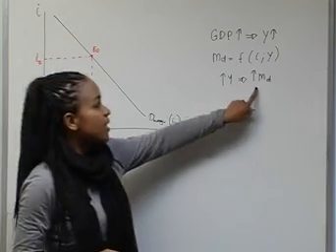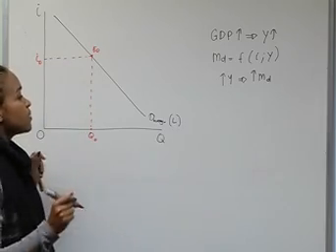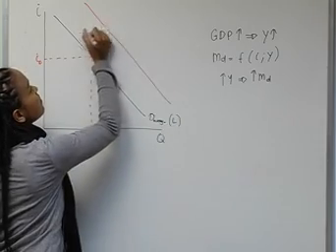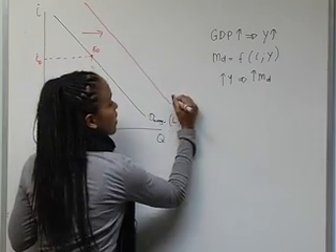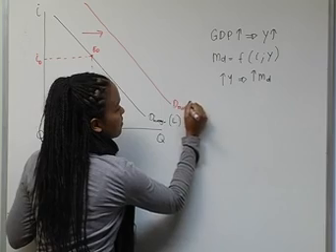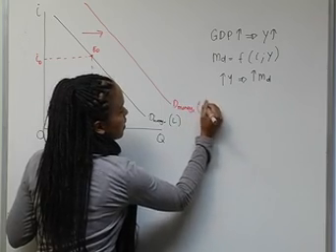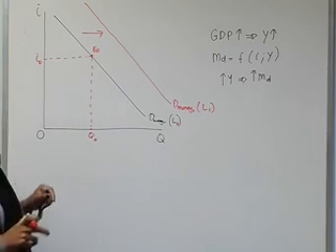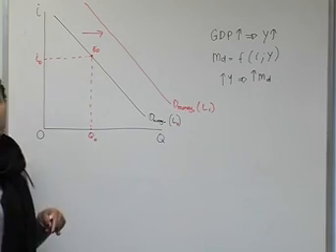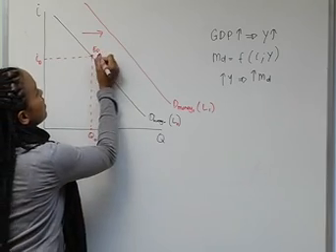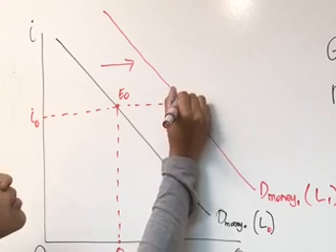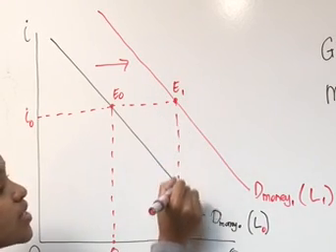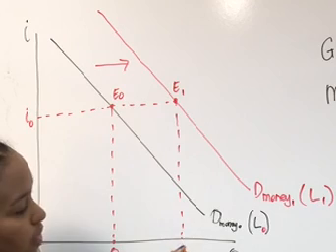So an increase in the money demand, as I said, will cause the money demand curve to shift to the right, and we'll mark this money demand curve as L1. Because the interest rate hasn't changed, the interest rate will remain at the same level. So you'll shift to a new equilibrium of E1, while the quantity of money will increase.